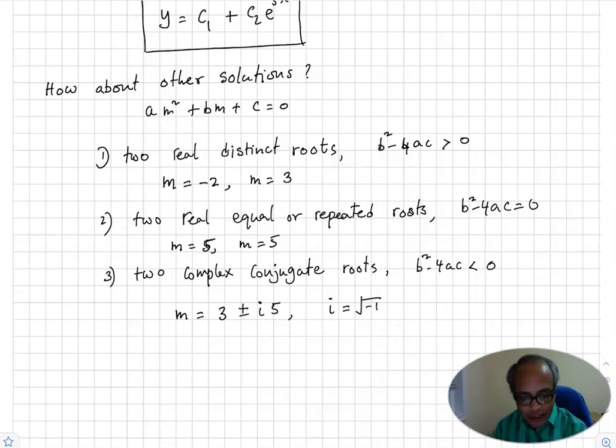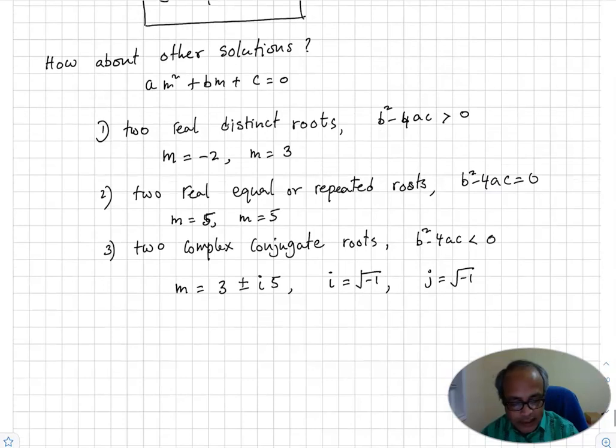I know that for some of you who are doing electrical engineering, you may not use i for the complex unit, so you may use j equals square root of minus 1, which is the unit for imaginary numbers. That's also possible to write, but most commonly used in mathematics and physics is the symbol i, square root of minus 1.